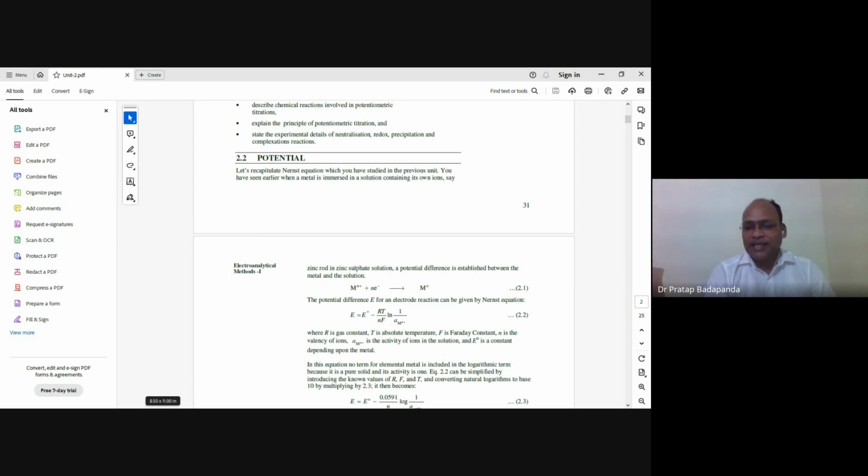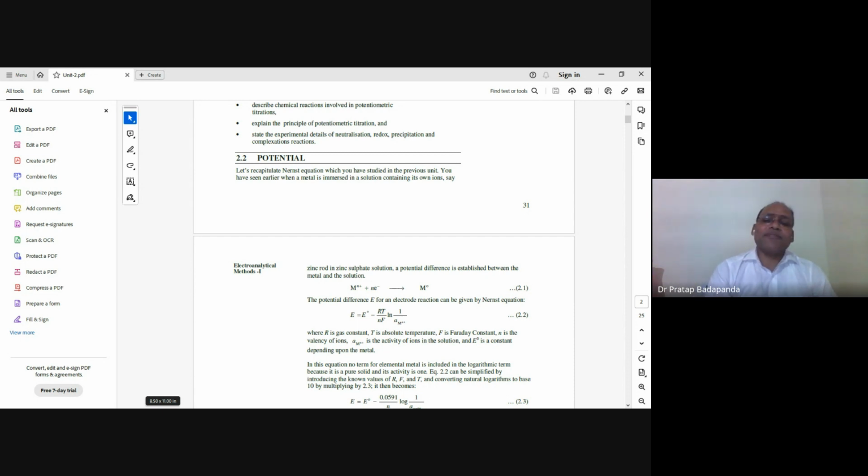Because zinc sulfate is there, sulfate will be 2 minus and zinc will be 2 plus. Now, M n plus: suppose M is zinc. Zinc 2 plus means zinc released 2 electrons. A metal releases a number of electrons, so that many electrons will go.